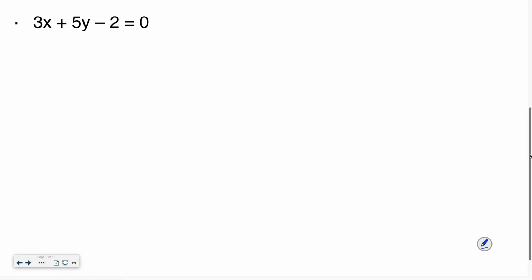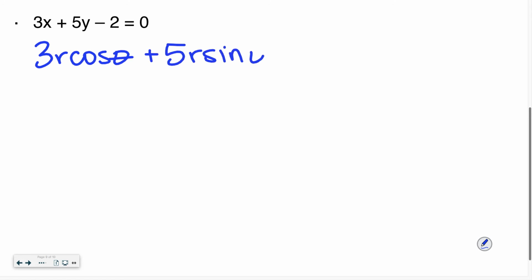Sometimes rectangular equations are more simple than the polar form. There's advantages and disadvantages to both depending on what type of graph we're talking about. Here we know that x is r cosine theta, and we know that y is r sine theta. And when we are going to polar form, we want to solve for r.